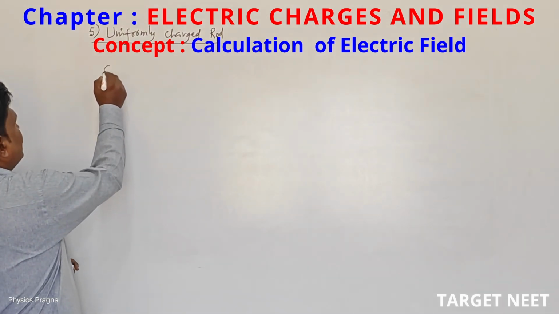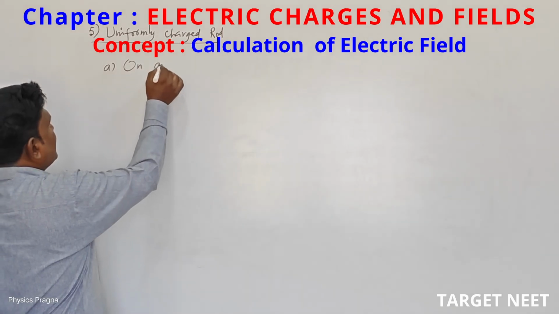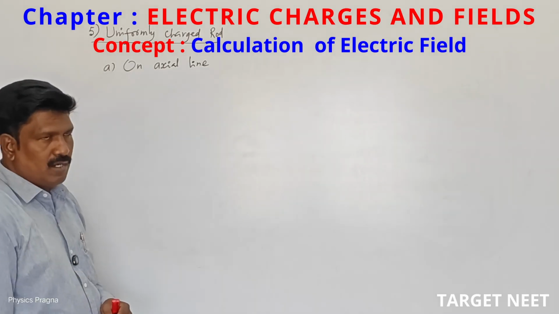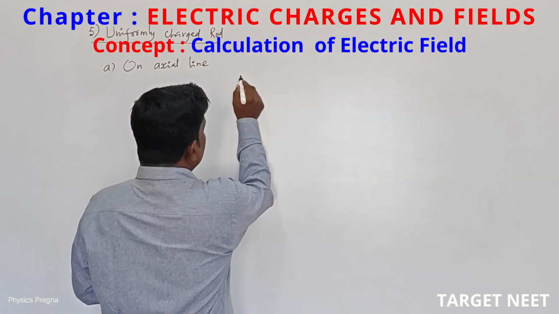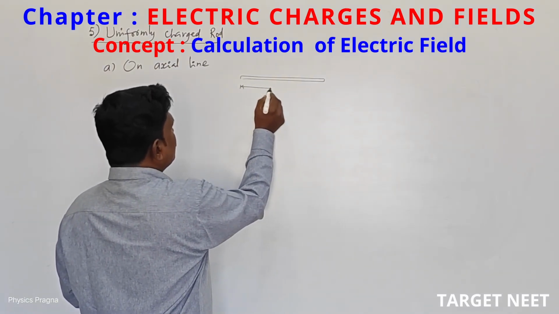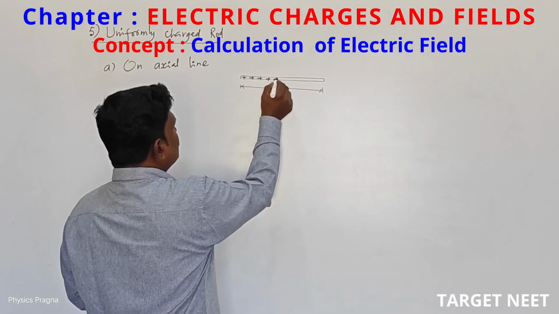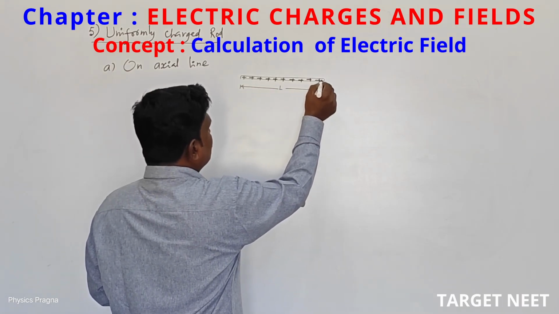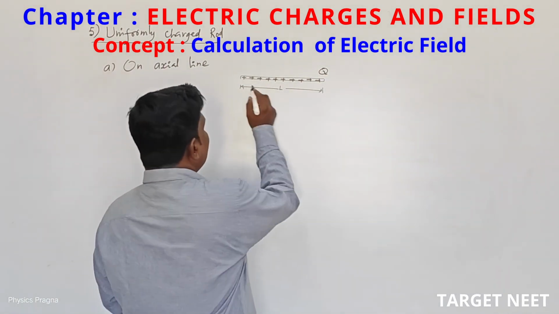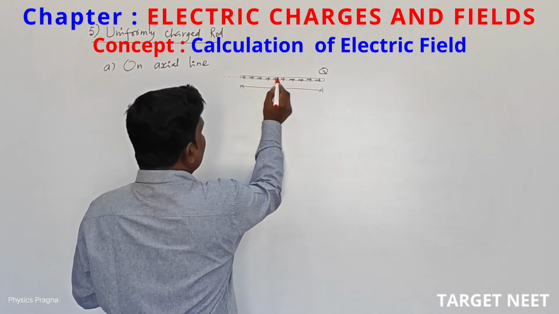In this, first we discuss the electric field on the axial line of a rod. So this is a rod. The rod length is L and it is uniformly charged. So the total charge is Q. This is the axial line.